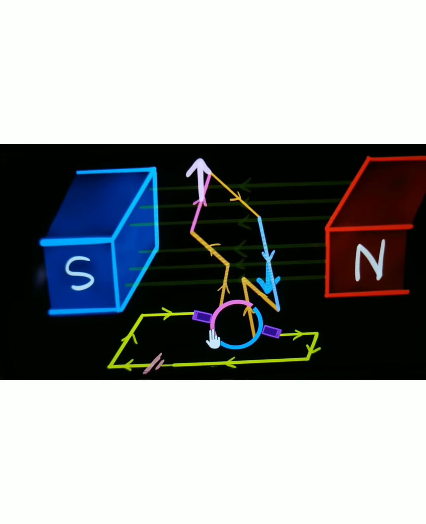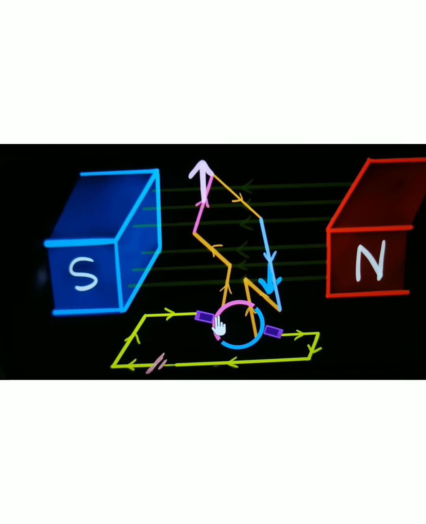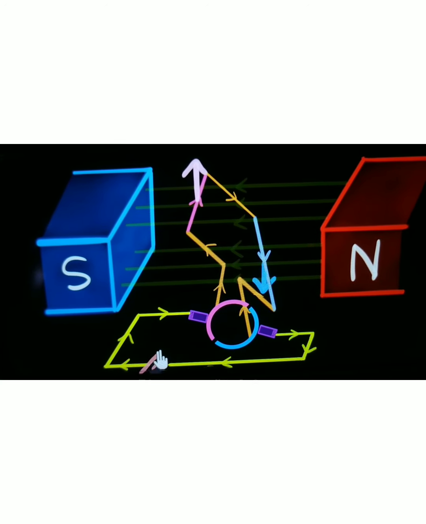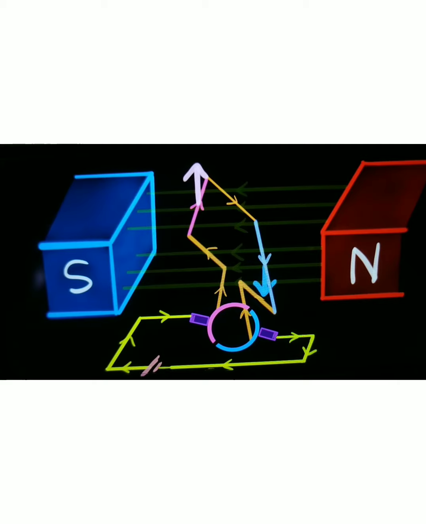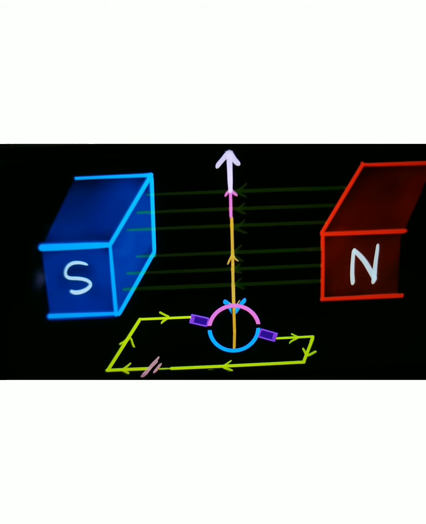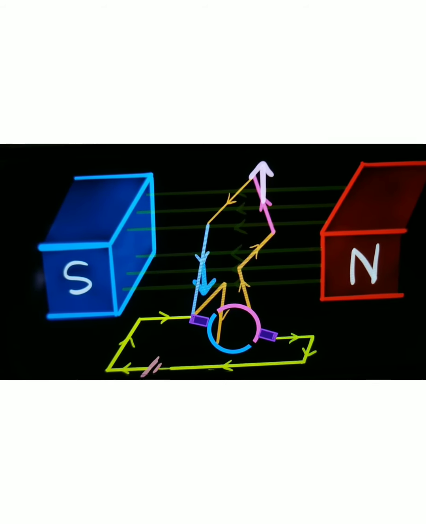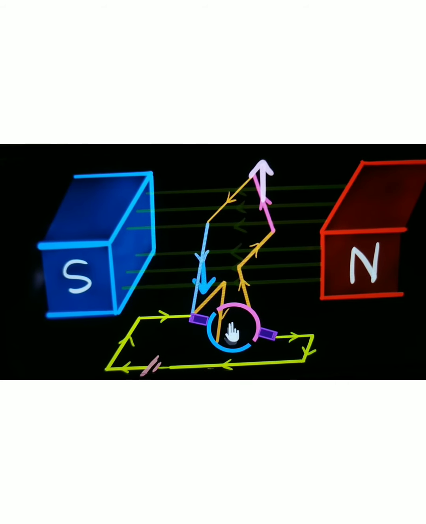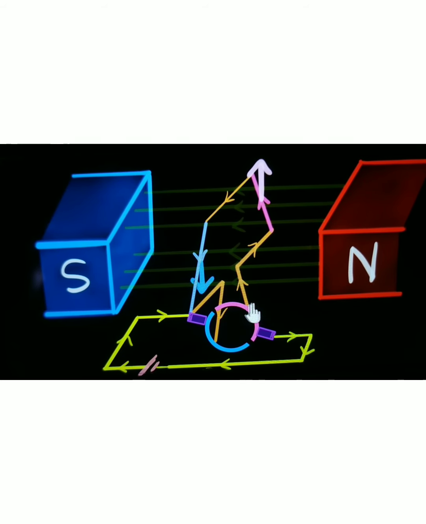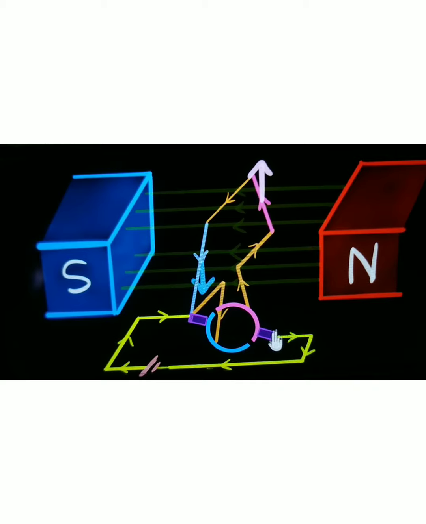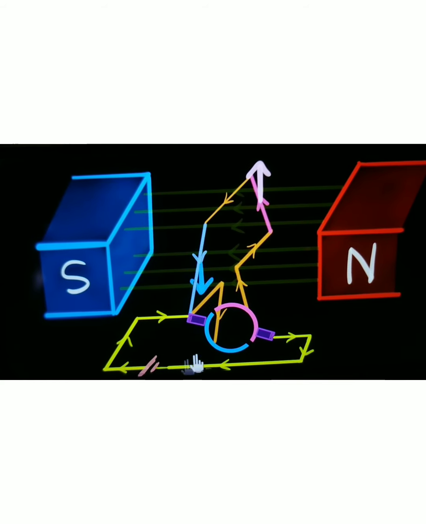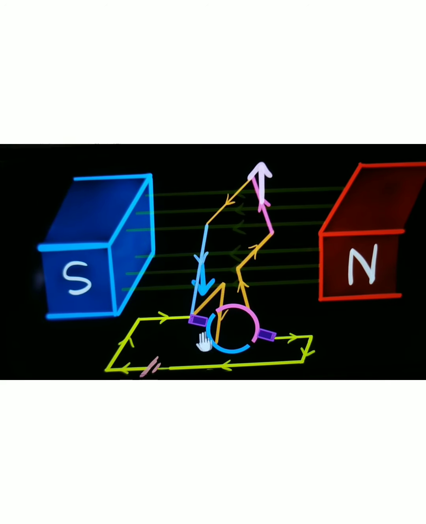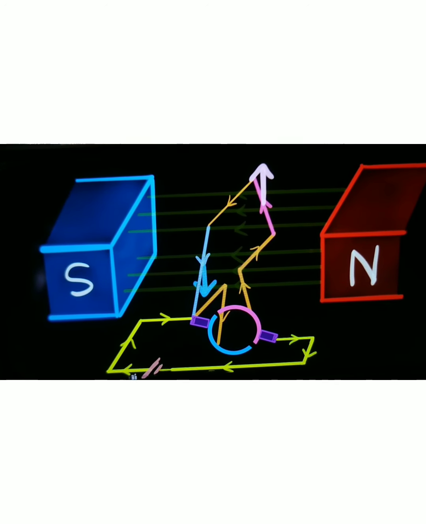So right now, the pink ring is in contact with the positive terminal, and the blue ring is in contact with the negative terminal. But notice what happens once the coil spins enough. Once the coil spins and comes to this position, now notice the pink ring has come in contact with this brush, the negative terminal of the battery, and the blue ring has come in contact with this brush, the positive terminal of the battery.